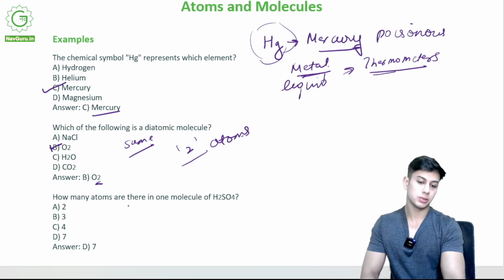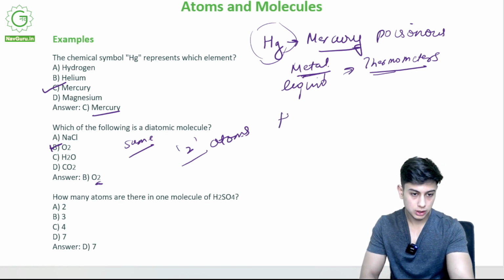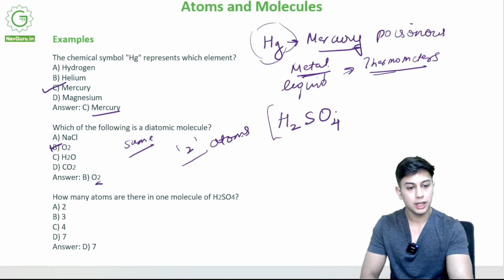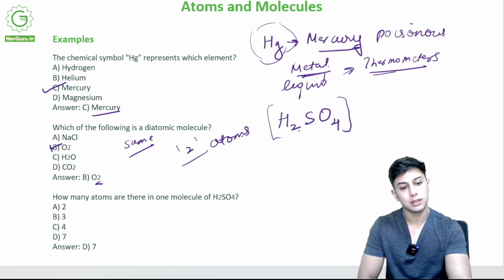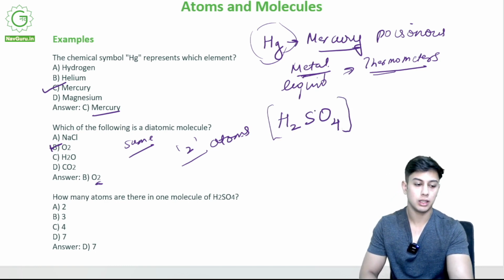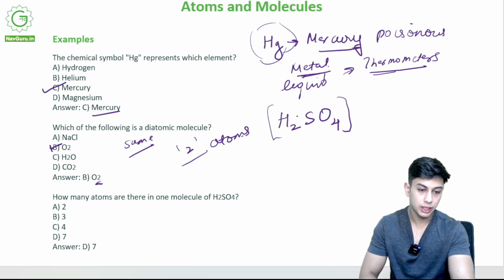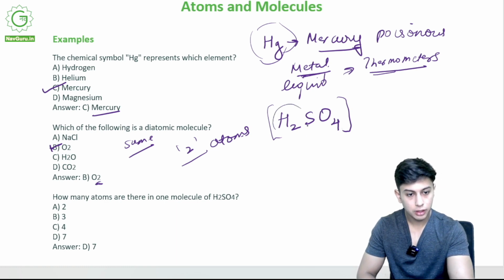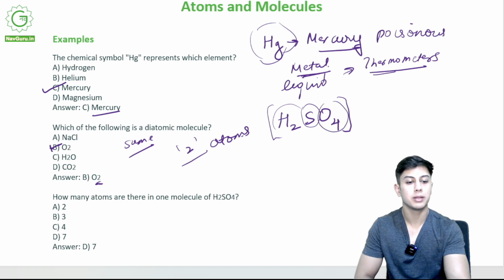How many atoms are there in one molecule of H2SO4? This is written like this, H2SO4. Take a guess how many atoms are there. It is simple adding up. You simply add the number of atoms present.